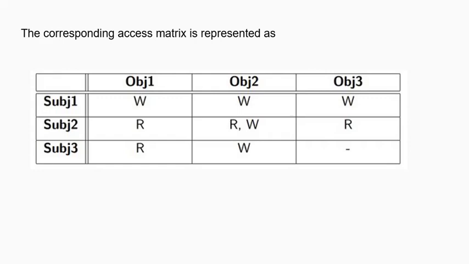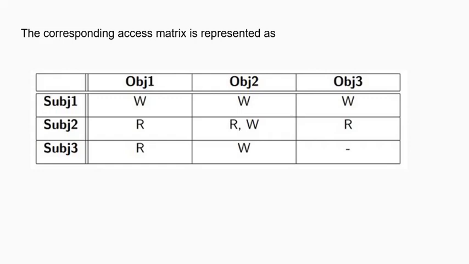The access matrix corresponding to the previous table is as follows. On close inspection, we can see that in the first row, subject 1 is capable of writing into each of the three objects. From the previous table, we can see that the integrity level of subject 1 is H, ABC.